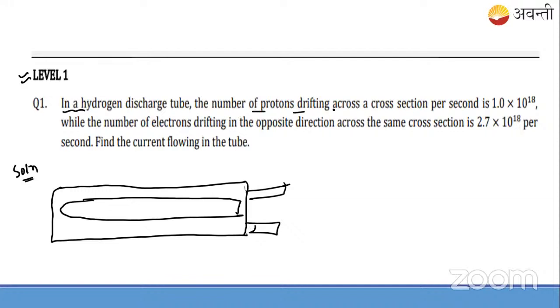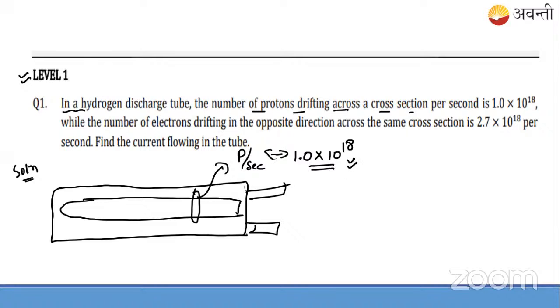A number of protons are drifting across a cross section. Suppose this is a particular cross section here. The number of protons which are drifting across this cross section per second is given as 1.0 into 10 raised to power 18.